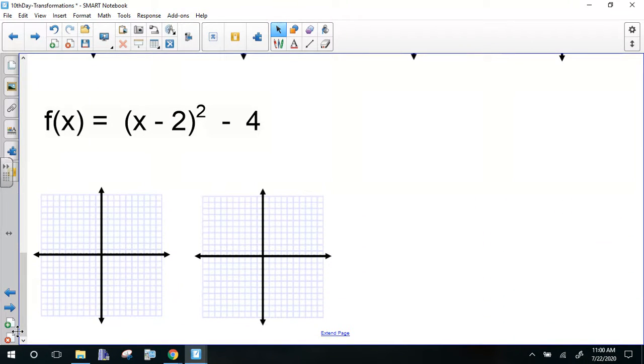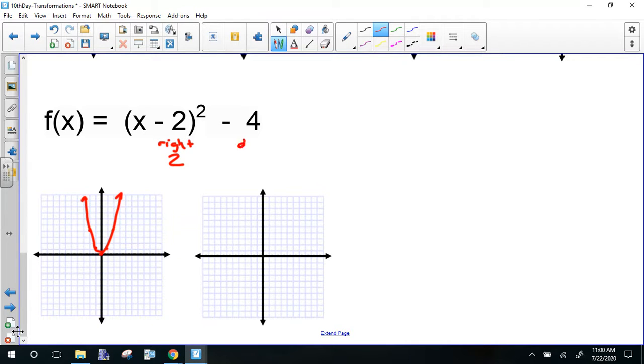Now I've got a vertical and a horizontal transformation in this one. It's still the parent function x squared. So I'll draw my x squared. And this one says I move it right 2 and down 4.